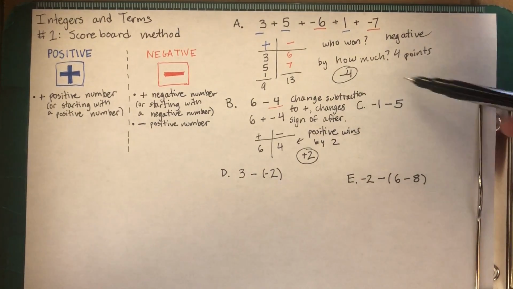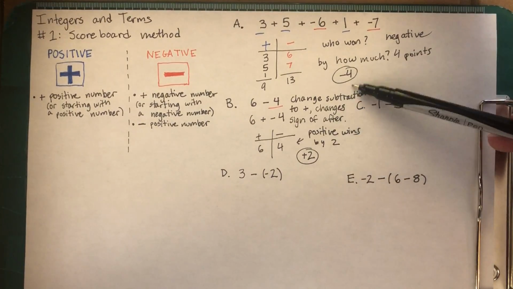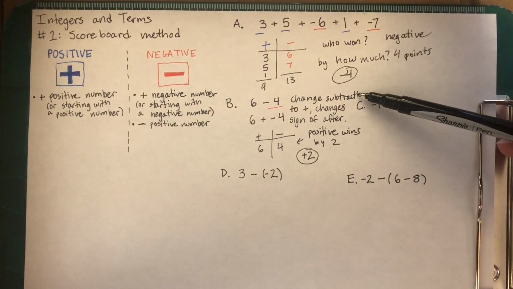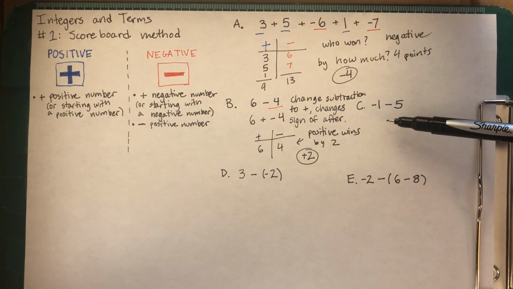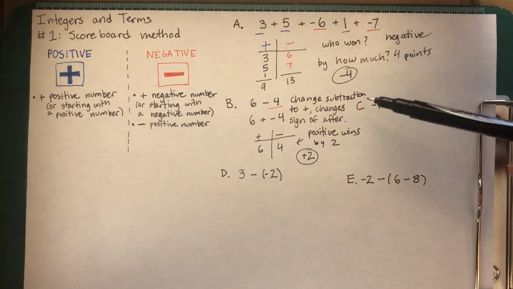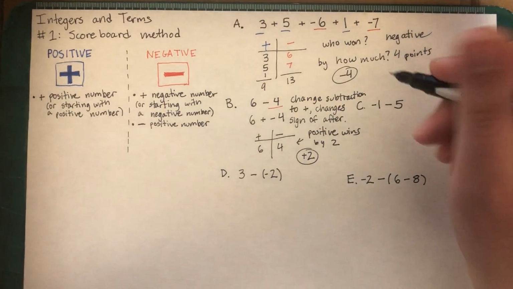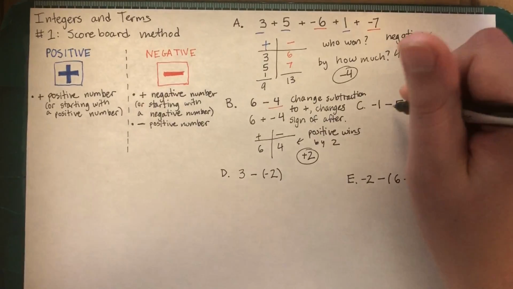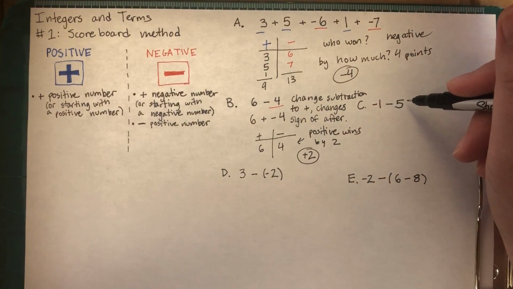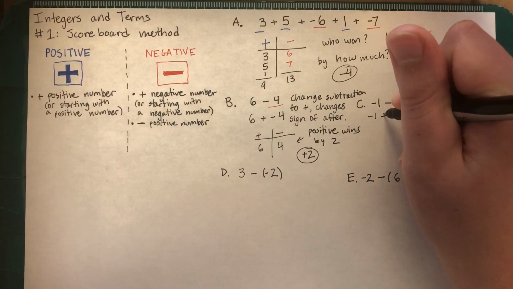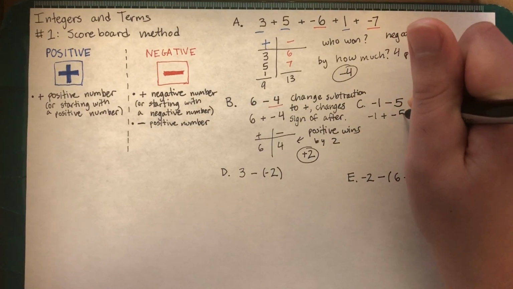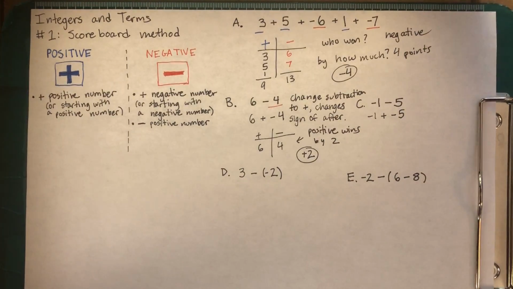Okay. Now let's see how this rule applies to something like this. So once again, we have subtracting a positive number, and we could change this into adding a negative number if you want to. You don't need to.